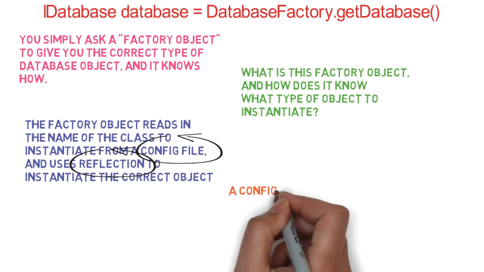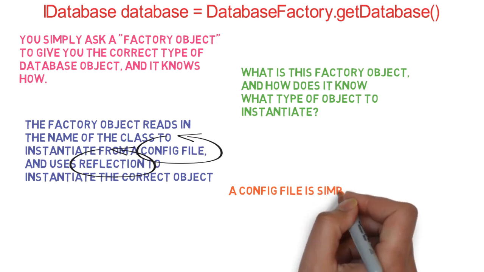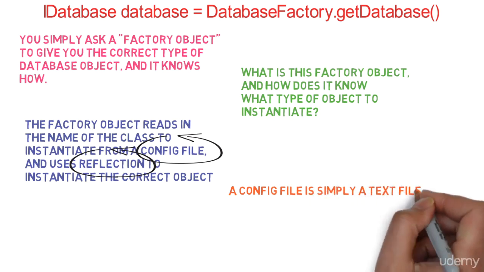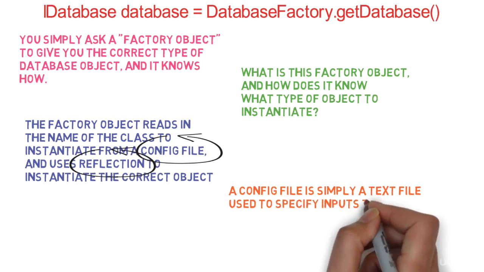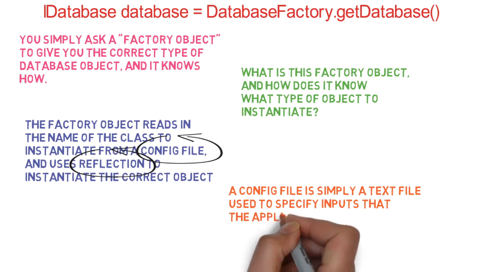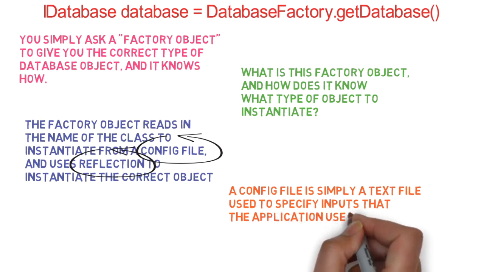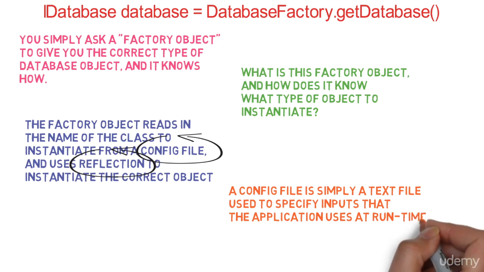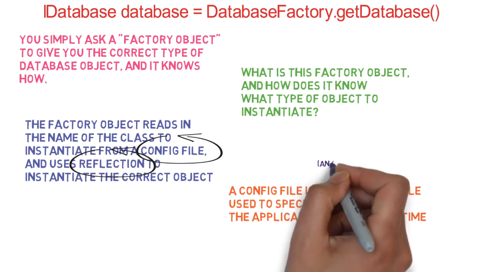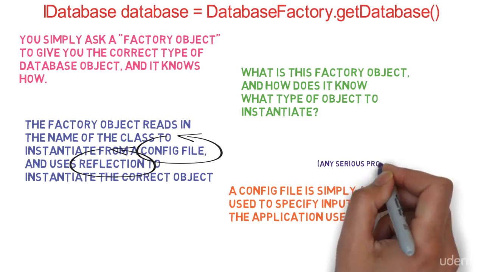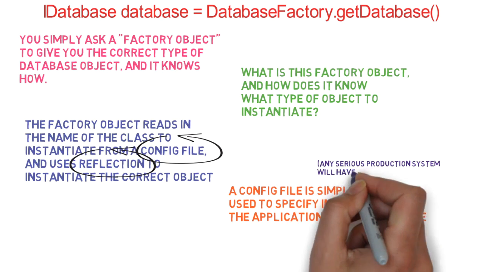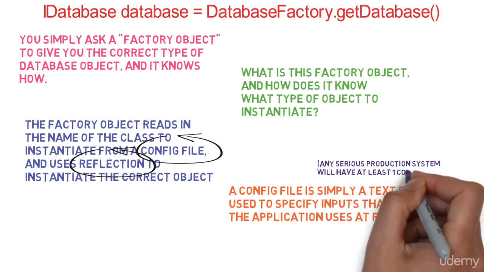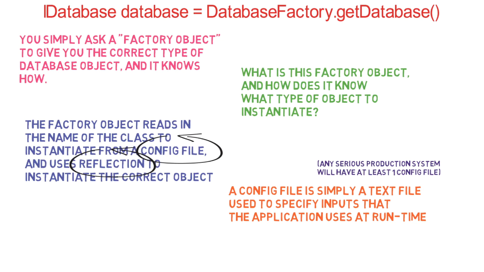So, what is a config file? A config file is simply a text file which specifies key value pairs which are used as inputs to an application. The interesting thing about these key value pairs is that they can be modified at runtime. The application can be hosted in production on some server, and you can simply change these key value pairs at runtime so that the application changes its behavior accordingly. Config files are so commonly used that any serious production system will have at least one config file.